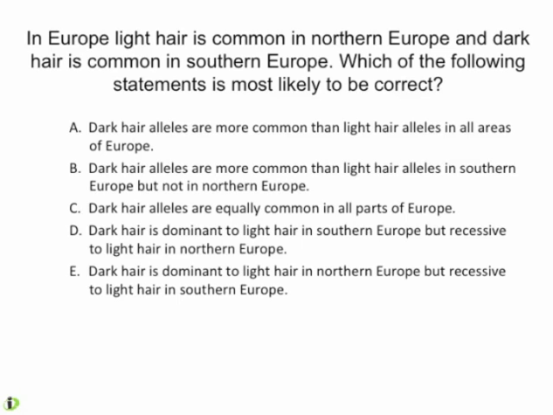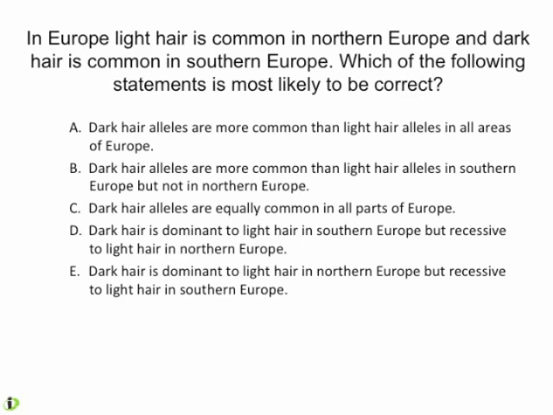So given the information I gave you, you have no clue at all about dominant and recessive. All you know is that light hair is common in Northern Europe and dark hair is common in Southern Europe. So if light hair is common, how common do you think the allele for light hair is? Is it common or rare? If dark hair was common, would the dark hair gene be common? Yeah.